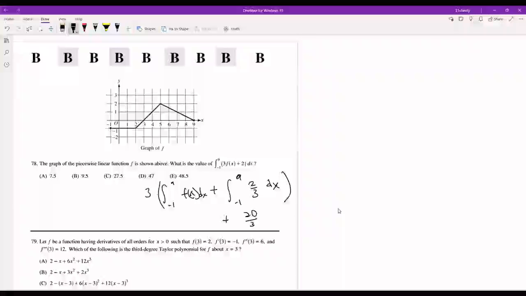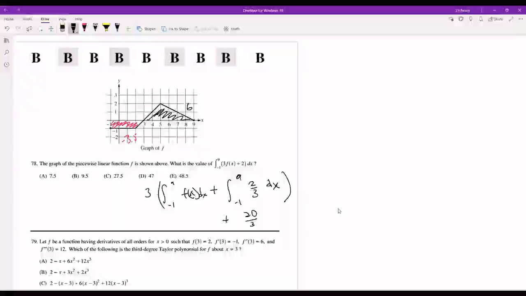And then from -1 to 9 of f of x dx is its graphed. So we can see that this part is negative and this part is positive. So we'll add this negative, let's see, 1, 2, 3, 3.5. And then there's this positive 1, 2, 3, 4, 5, 6 times 2 times a half is 6.